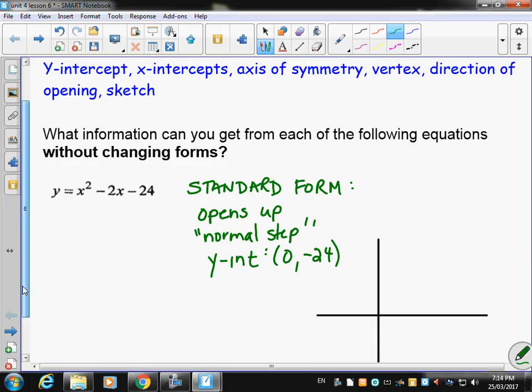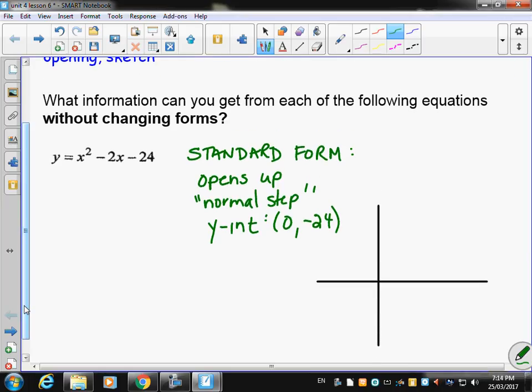Since I know that it opens up, I am not sure if it's going to open up this way or if it's going to open up with the vertex over there. I don't know, but I do know this point, and I do know that it opens upward.